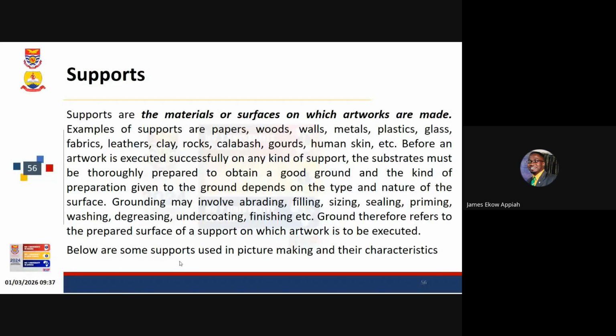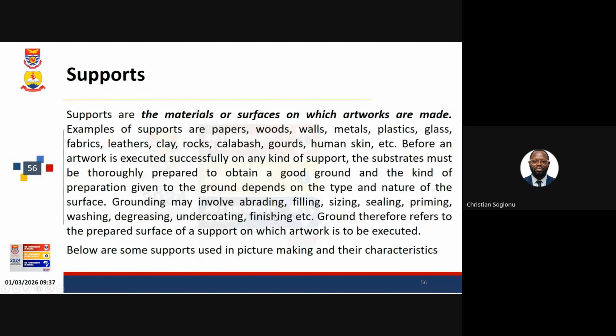That is fine. So they just want to refer to a given surface, which is also a support. Okay? So is that clear to you? Yes, sir. All right, so Christian can continue, please.